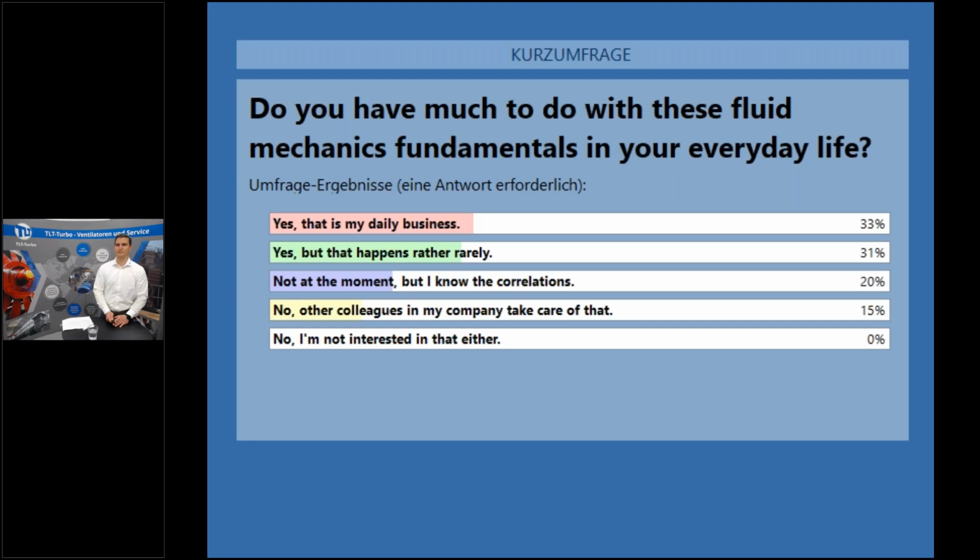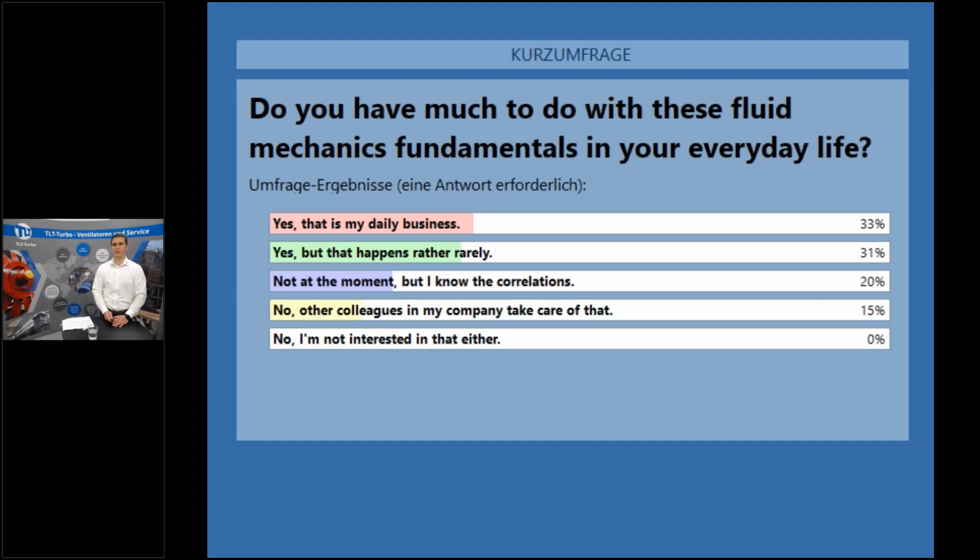So let's move on with our agenda, and now we come to the point where I would like to show you how these different operating conditions and demands of operating points can be fit by fans. We will start right away with the performance curve of an axial fan with variable pitch.